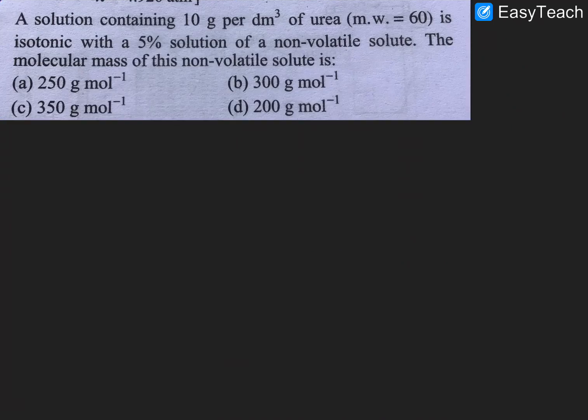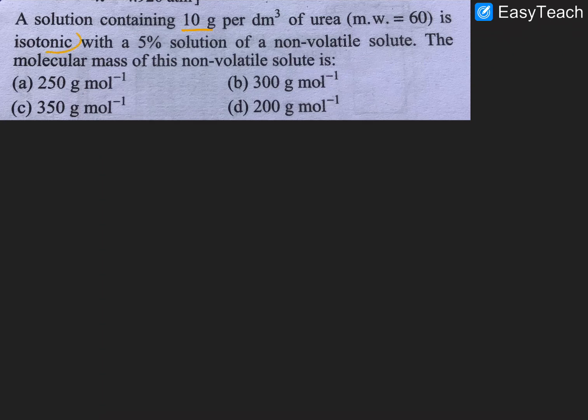I hope it is clear. One more model question here. A solution containing 10 grams per decimeter cube of urea, molecular weight 60, is isotonic with 5% non-volatile solute. What is the molecular mass of the non-volatile solute?